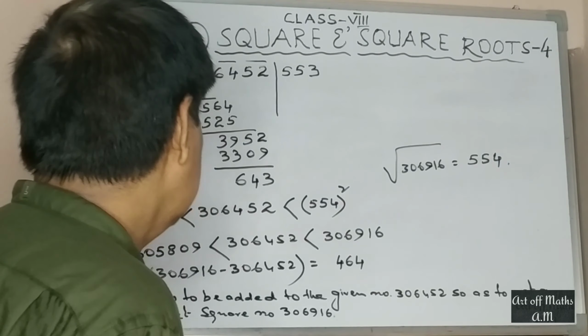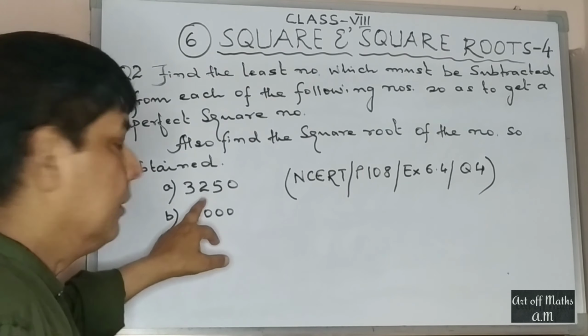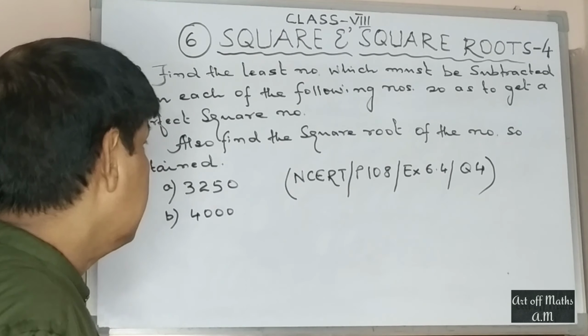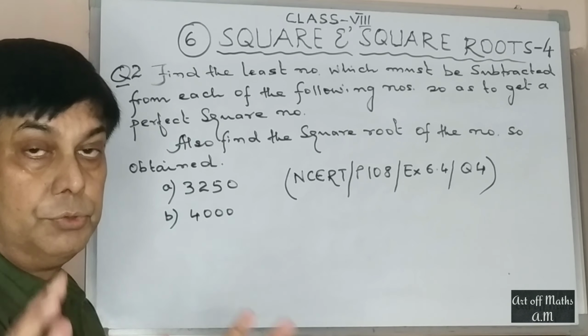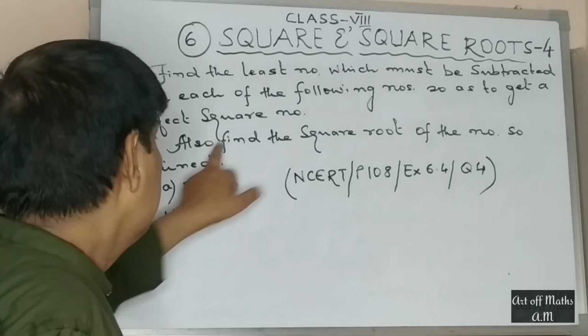Second question. Find the least number which must be subtracted from each of the following numbers, the given numbers. From this number, you'll have to subtract a particular number which would be the least number to make it a square. Obviously, these numbers are not perfect square number.